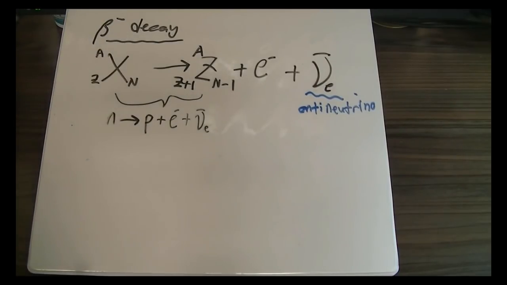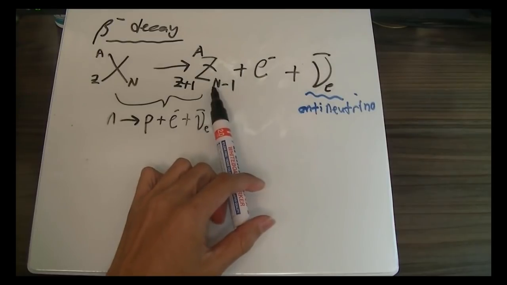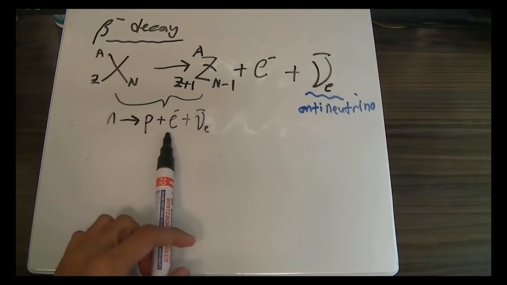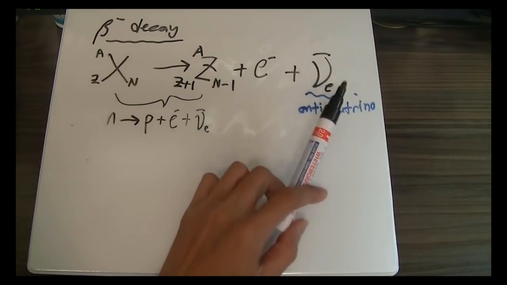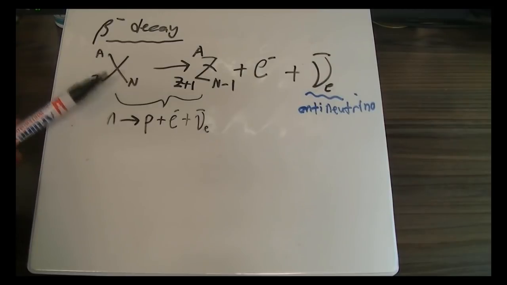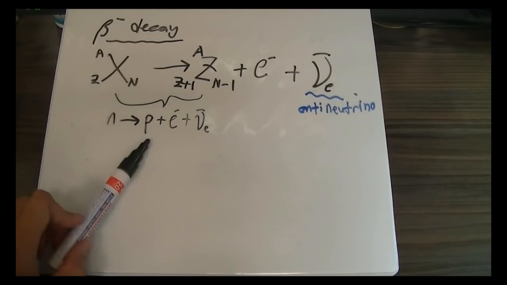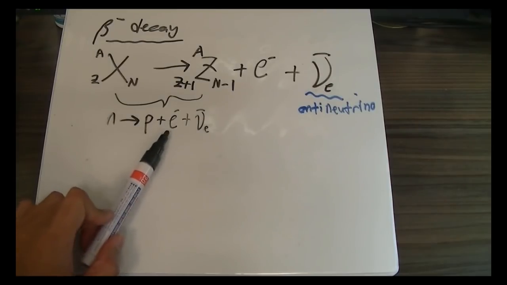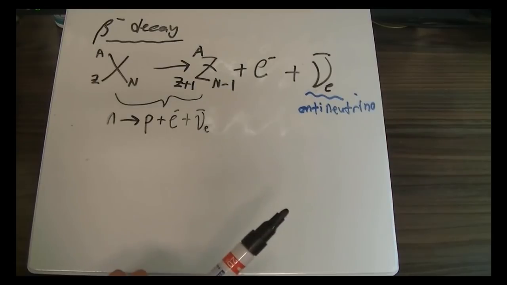Beginning with the parent nuclide, we have the daughter nuclide with one electron and an antineutrino. So the neutron in the parent nucleus transforms to a proton, and at the same time releases an electron and an antineutrino.